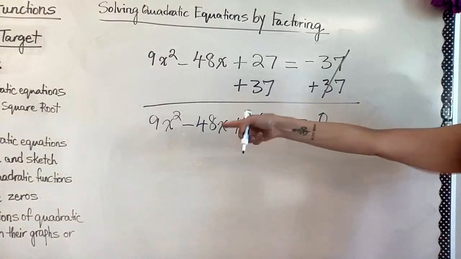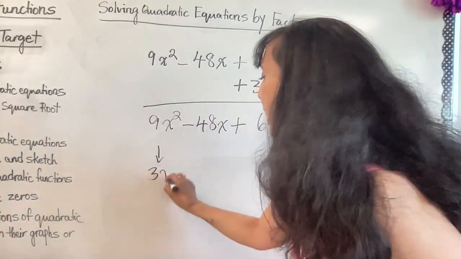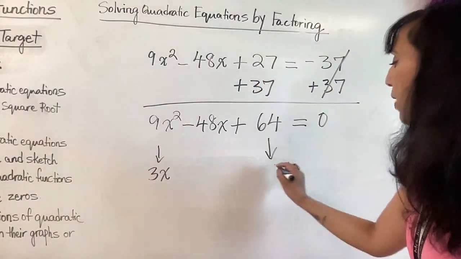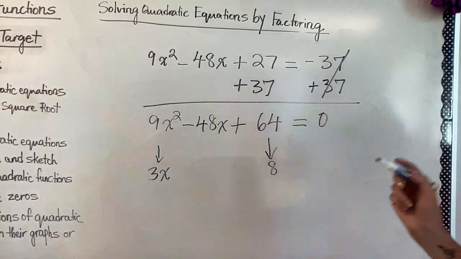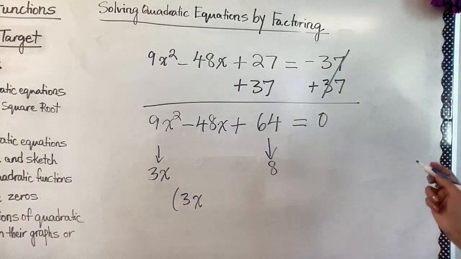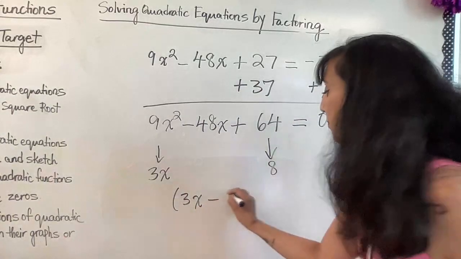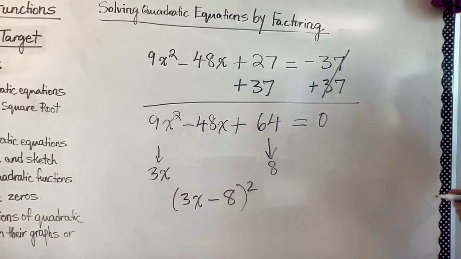Okay, so I'm looking at that and I know that this is going to be 3x, which is the square root, and the square root of this is 8. Right? So therefore, I can say 3x minus 8 squared is equal to 0.